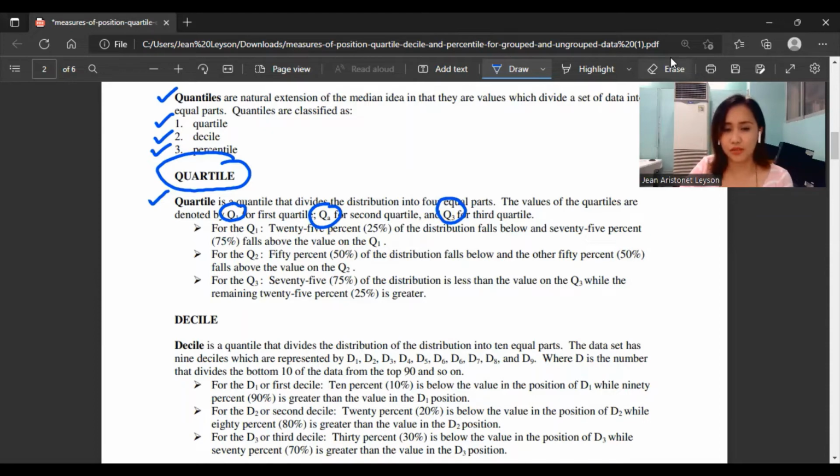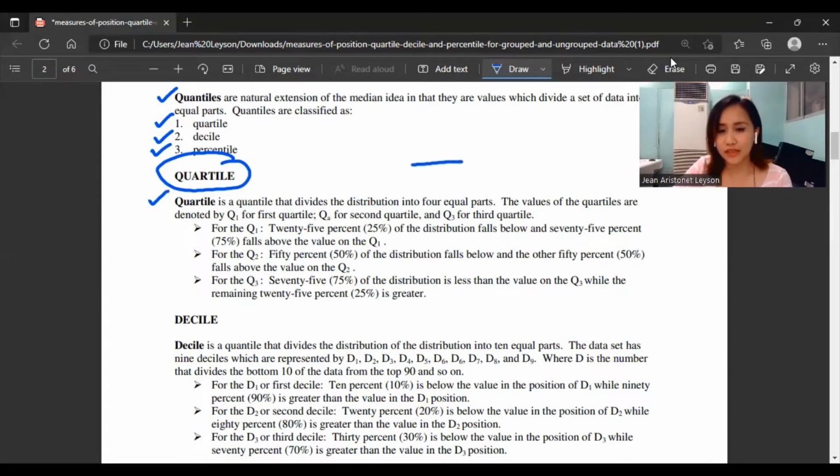Okay, so that's Q for quartile. So for Q sub 1, 25% of the distribution falls below and 75% falls above the value of Q sub 1 or the first quartile.